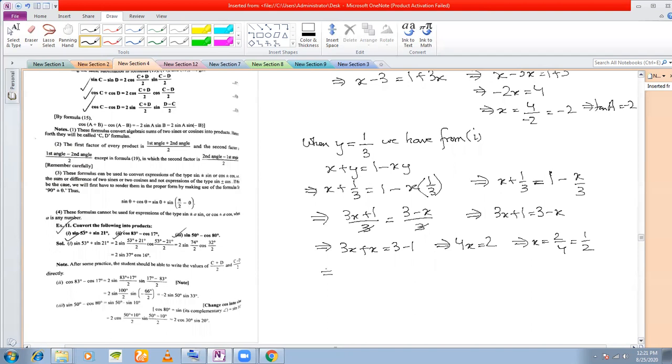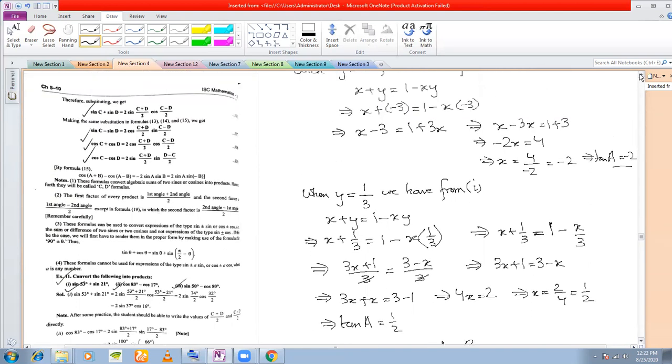And what is x? x is tan a. So what is our conclusion? Either tan a is equal to minus 2, and tan b is equal to, what was the value of y here?